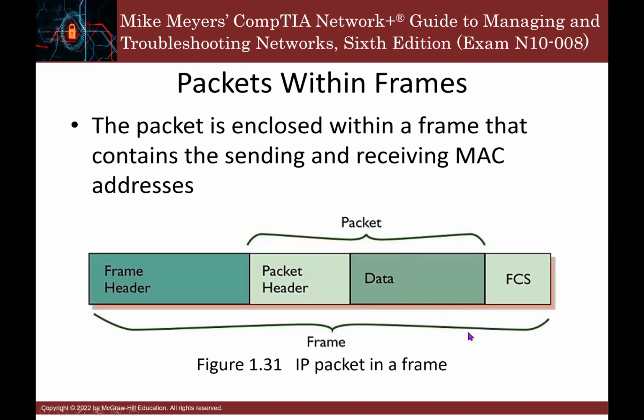So the packet is actually the payload within a frame. So when we talk about passing that packet down the stack, layer 2 will add the frame header and the frame trailer, the frame check sequence, and turn that IP packet into a frame. But that payload inside, the data field of the frame, is actually the packet.